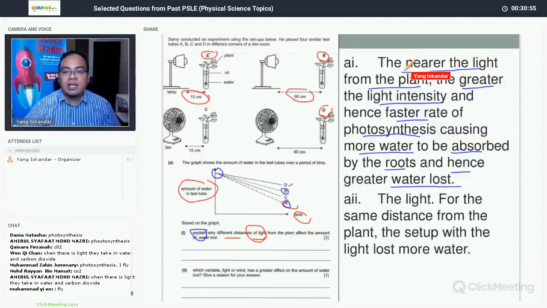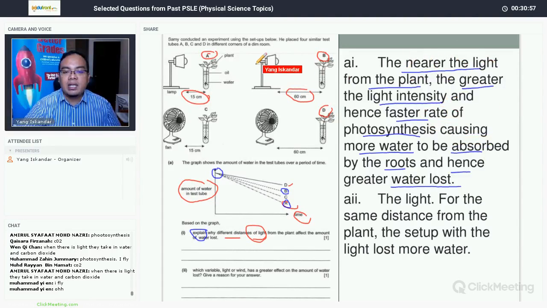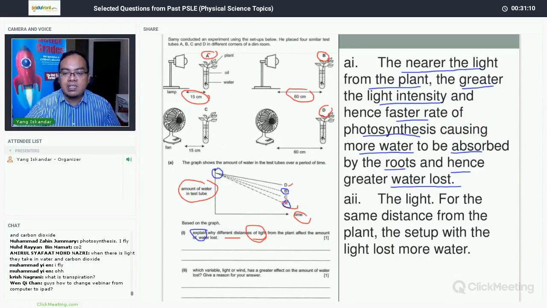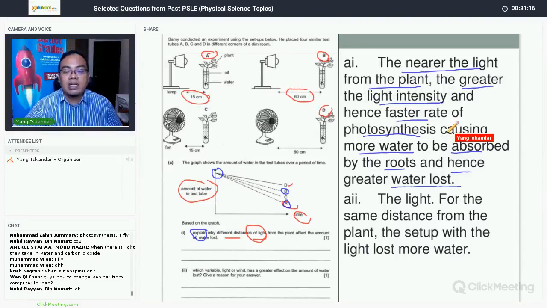The keyword here, firstly, is that when you compare between A and B, the nearer the plant is to the light, the greater the light intensity. With greater light intensity, what happens? Faster rate of photosynthesis. When there's a faster rate of photosynthesis, that means the plant needs more water so that it can make more food.